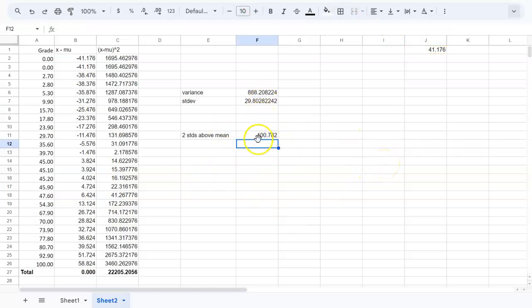The high fence is going to be 100.7. And then 2 standard deviations below the mean is going to be 41.176 minus 2 times the standard deviation.